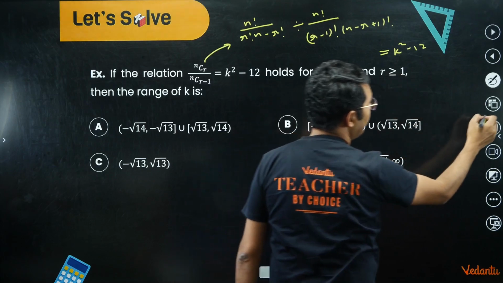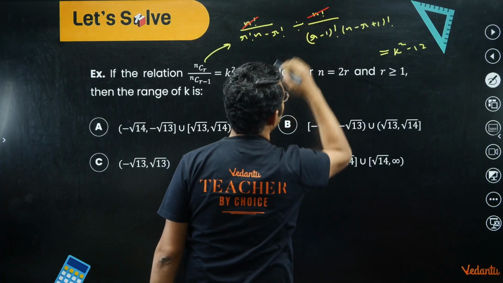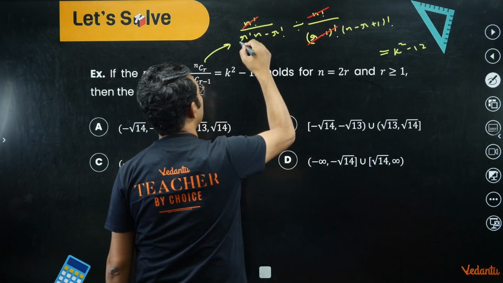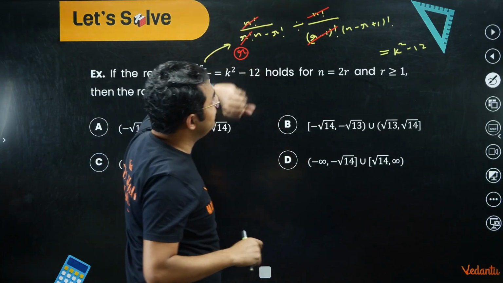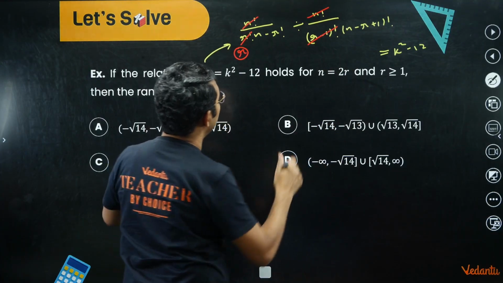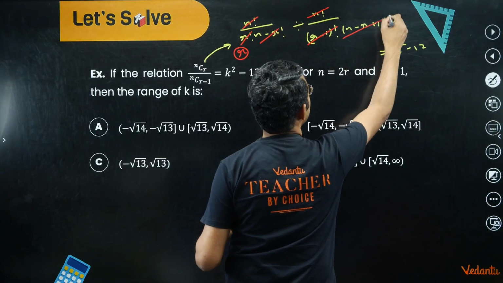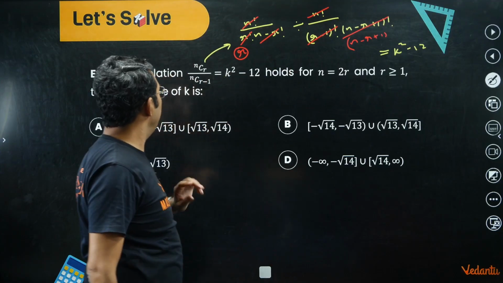Now you can see this n factorial is directly cancelled. Okay, r factorial will cancel r minus 1 factorial, leaving r, because r is bigger than r minus 1. Similarly, this n minus r factorial will cancel n minus r plus 1 factorial, because this number is bigger.